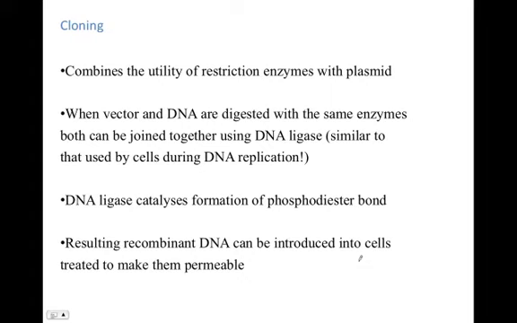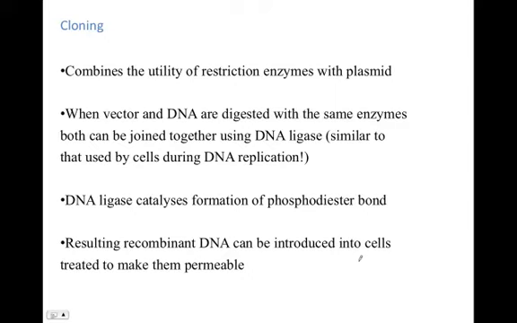You can use both plasmids and restriction enzymes for cloning. Cloning combines the utility of both of these molecular tools. When the vector and DNA, the vector being the plasmid and DNA being your gene of interest, are digested with the same enzymes, these can be joined together using a DNA ligase.